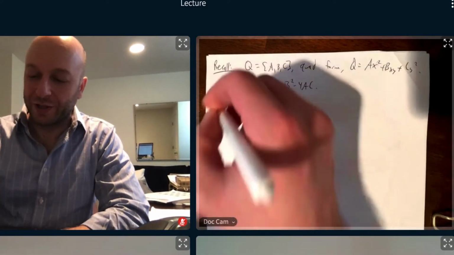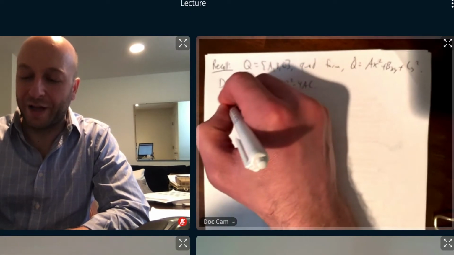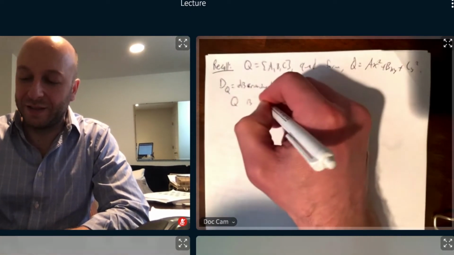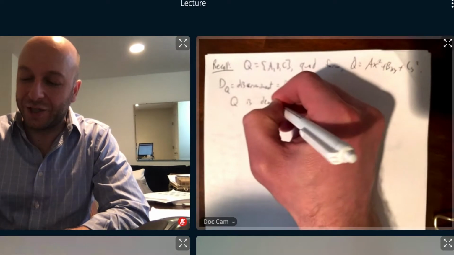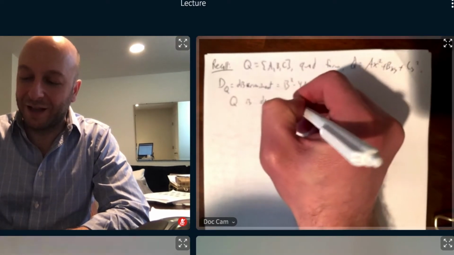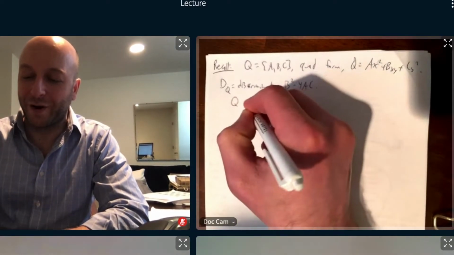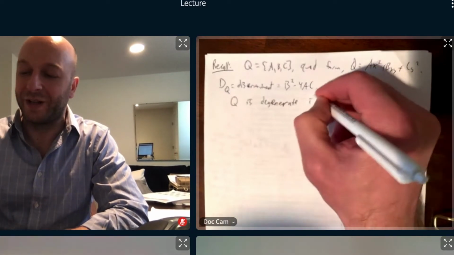And the things we learned last time are that Q is degenerate. It's not really a quadratic form in two variables. It's just a quadratic form in one variable.